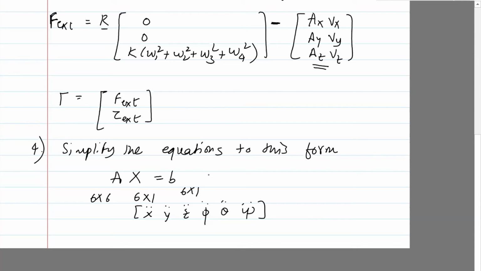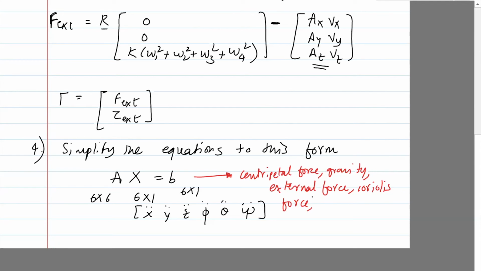So B has centripetal force, gravity, external force, and a Coriolis force. And it could also have the external force that includes the drag, but if you want, I can just write a drag force. So all those things are on the right.